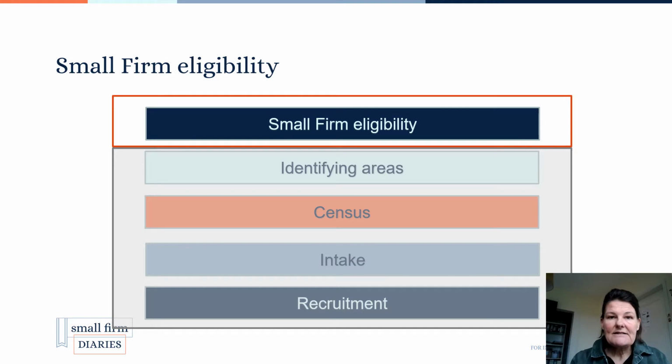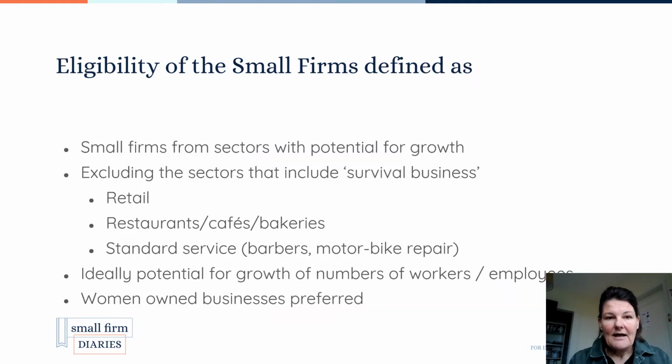Eligibility means that the small firms have to have certain characteristics to make it possible to select them for participation. A very important overall characteristic is that they should be from a sector which has potential for growth.